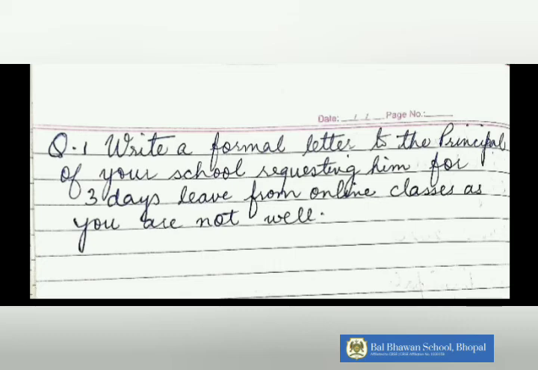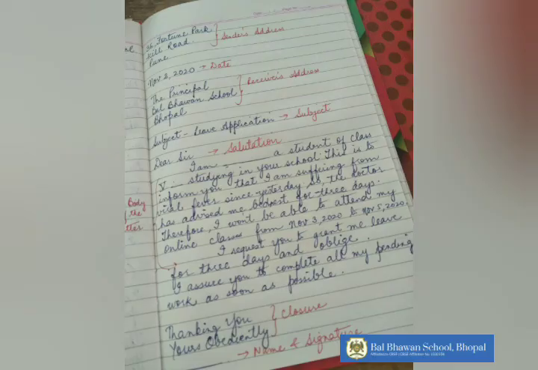On the left hand side, we will write the sender's address. Since you are writing the letter, so your address will come. Then comes the date. Write down today's date, the date of writing the letter. Then we will mention the receiver's address, the principal, Bal Bhavan School, Bhopal.